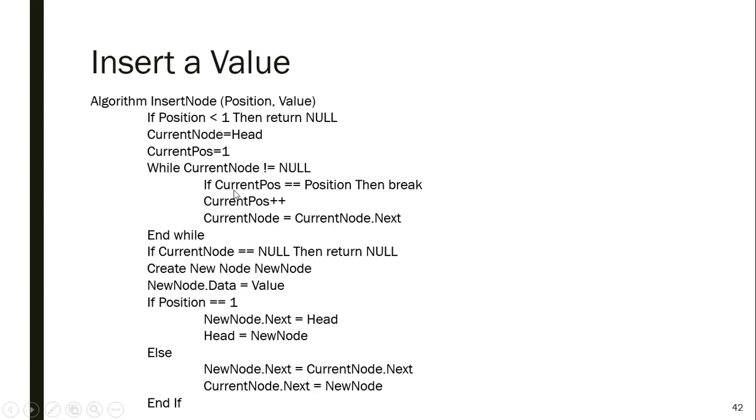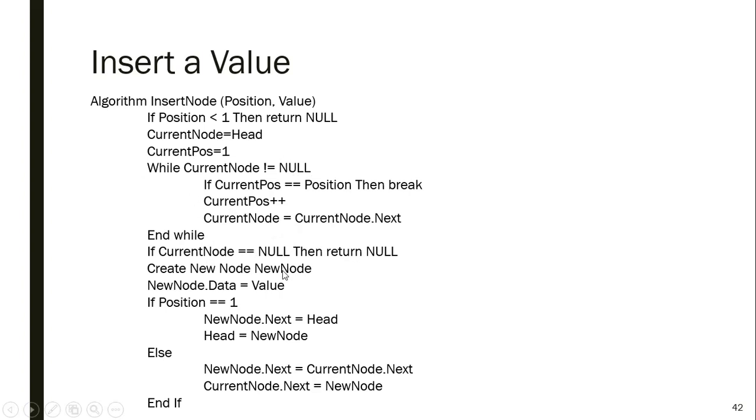Otherwise, if we reach the end, and for example the position was 5 and we had just 4 or 3 elements in the list, it will continue to compare every value until it reaches the last one, that is null. So it hasn't found 5 because 5 wasn't there. It has only 3 or 4 values, so it will return null. So this is just the searching algorithm.